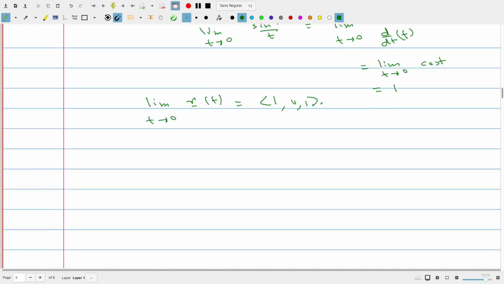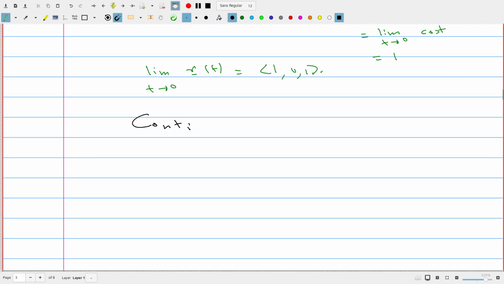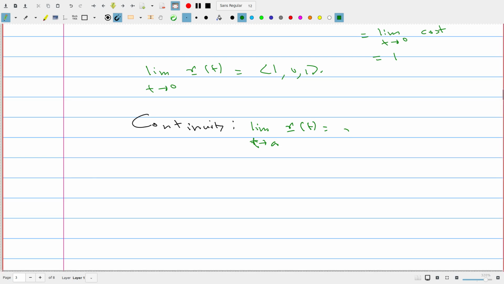Now let's look at the definition of continuity. The notion of continuity is defined in a similar manner to that of analogous real-valued functions. So continuity is this: the limit as t goes to a of r(t) equals r(a).